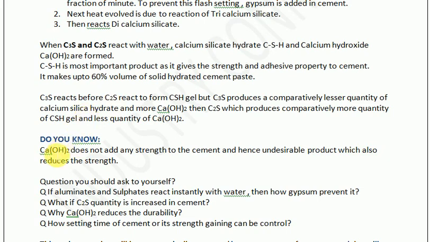Do you know, calcium hydroxide does not give any strength to the cement, and hence it's an undesirable product which also reduces the strength.